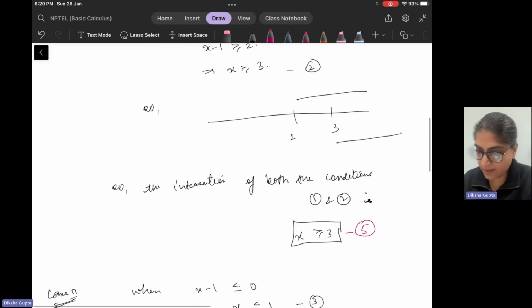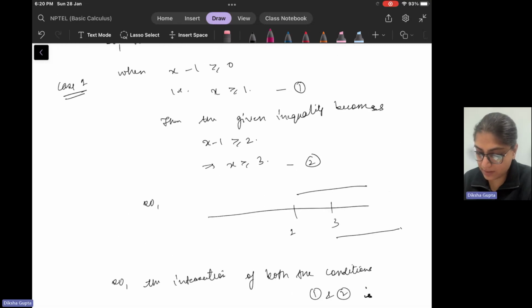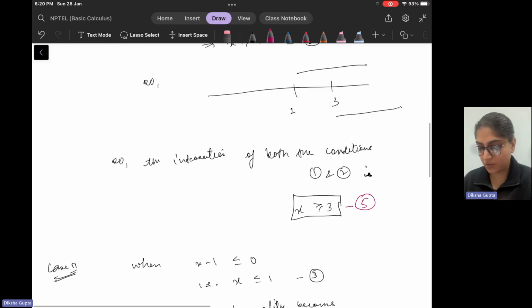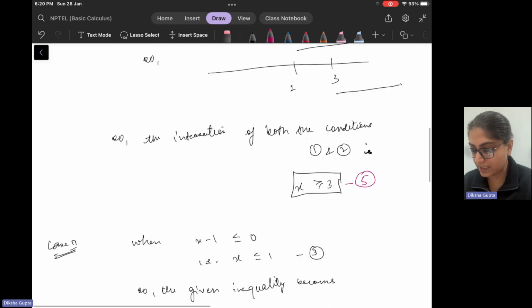So you have to think about it. To simplify it, in different cases we take the intersection, but of both the cases we'll take the union. What I meant is that in case 1 the conditions 1 and 2 both need to be satisfied, which is why we are taking the intersection.